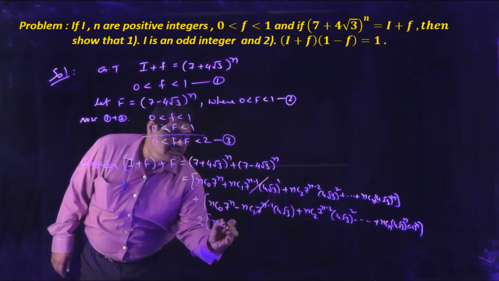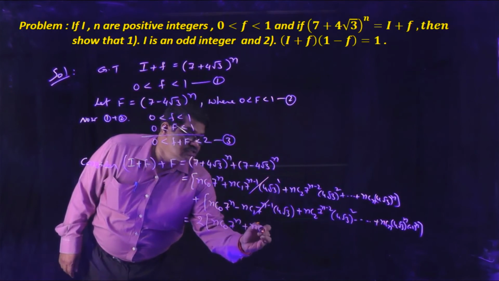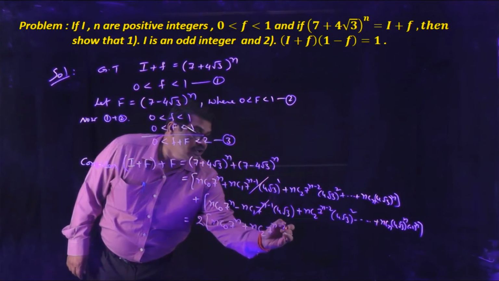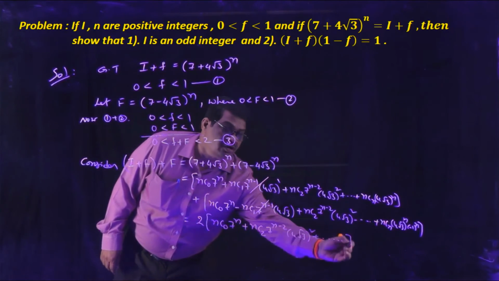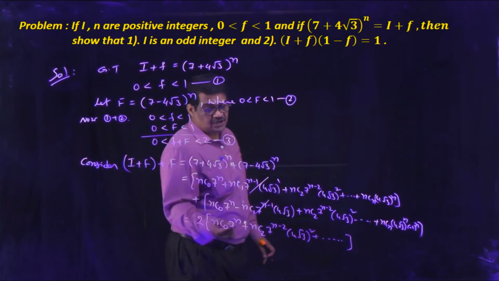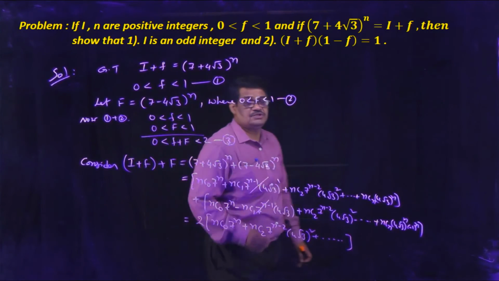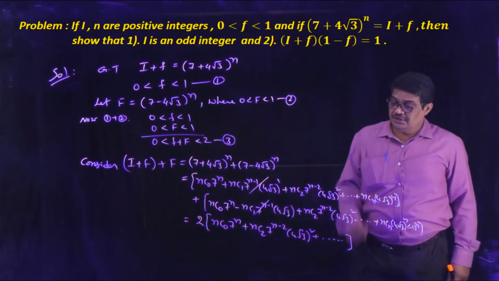We are getting 2 times [nC0 7^n plus nC2 7^(n minus 2) (4 root 3)^2 and so on]. Observing nC0, nC2 and so on, these are the binomial coefficients, which are positive integers.